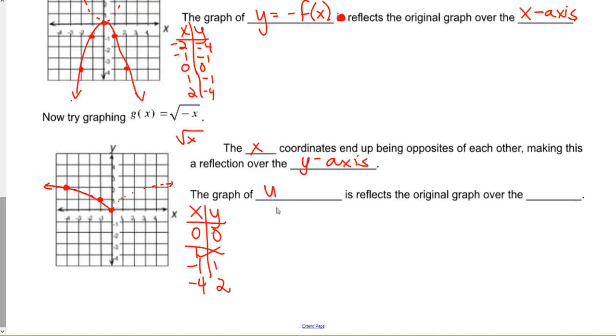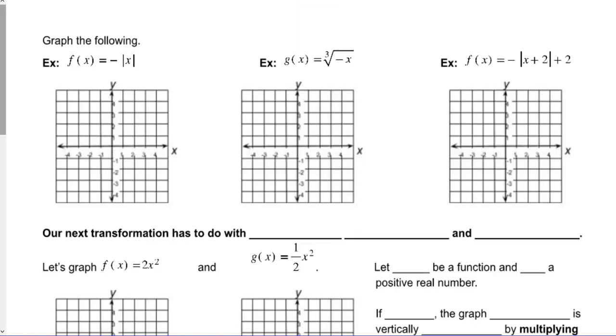And the graph of y equals f of negative x reflects the original graph over the y-axis. Okay? All right. So those are important. Most of the time we'll see a reflection over the x-axis. There's only very minimal ones that we see a reflection over the y-axis. But it happens. Okay? All right.